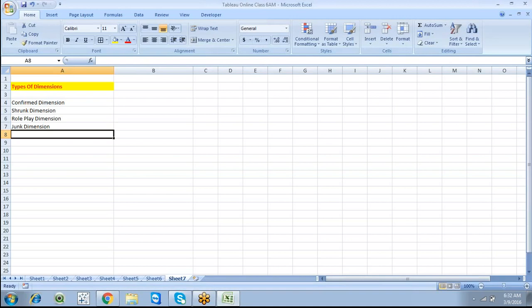These are the types of dimensions or dimension tables.